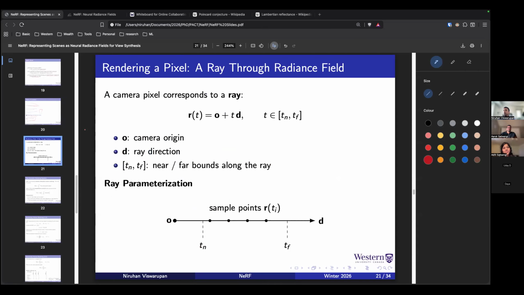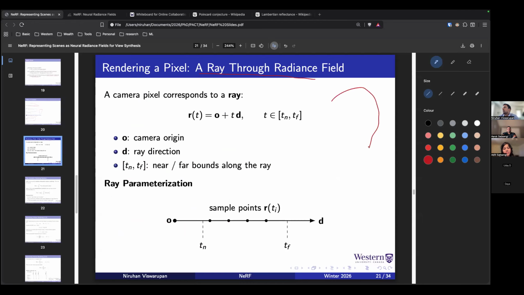So we will first look at rendering just one pixel. We will look at a ray through a radiance field and see how we render just one pixel.